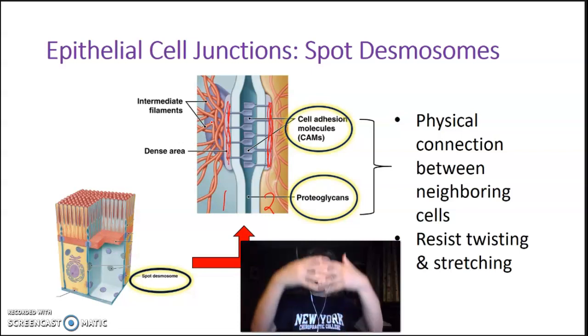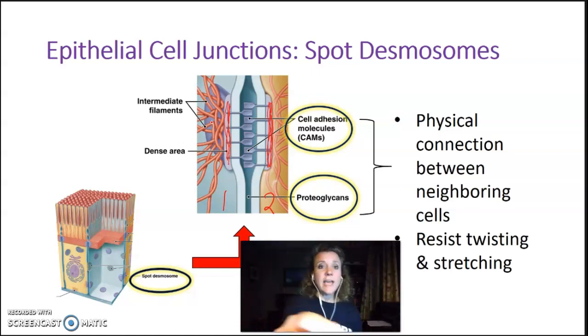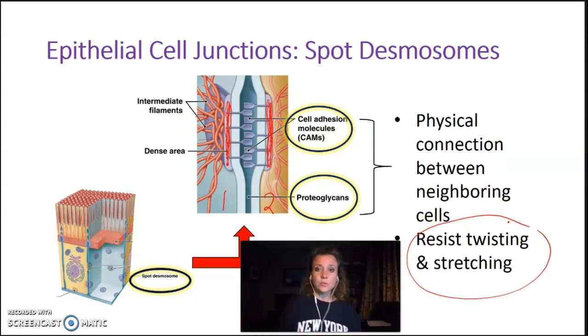Again, you've got the interlocking CAMs, which are attached to membrane proteins found on the inside of their respective cells, and those are further reinforced by connecting to the cytoskeleton. Their goal is to resist twisting and stretching in order to keep the epithelium intact when it comes under stress.